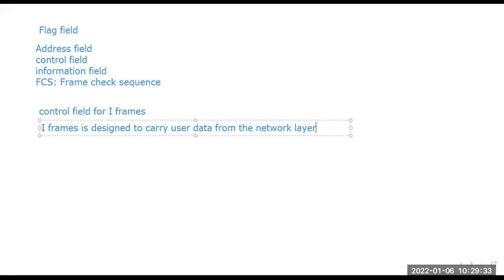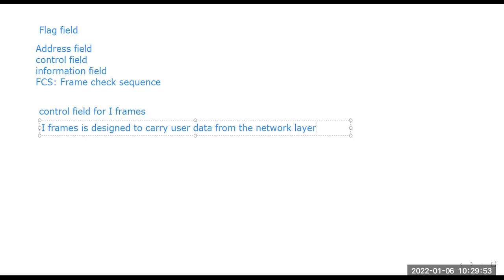These I frames can include flow and error control information in the control field. In each frame, some flow and error control segment is attached, and it will check that information.